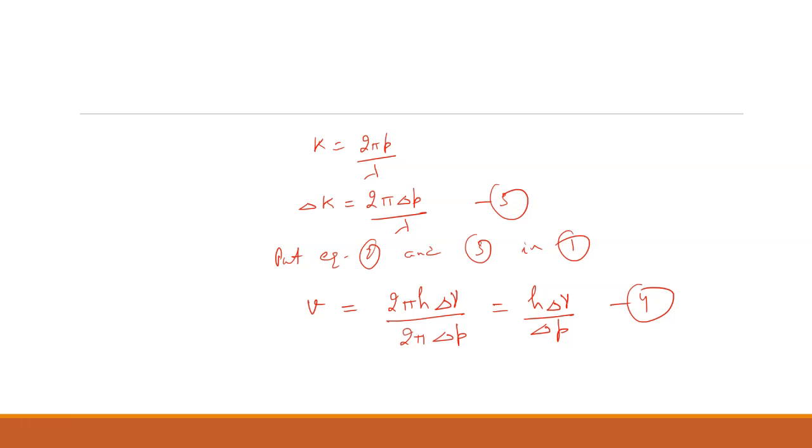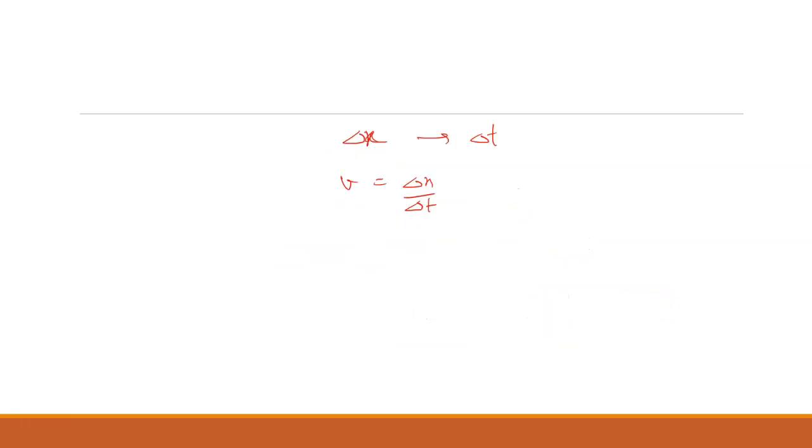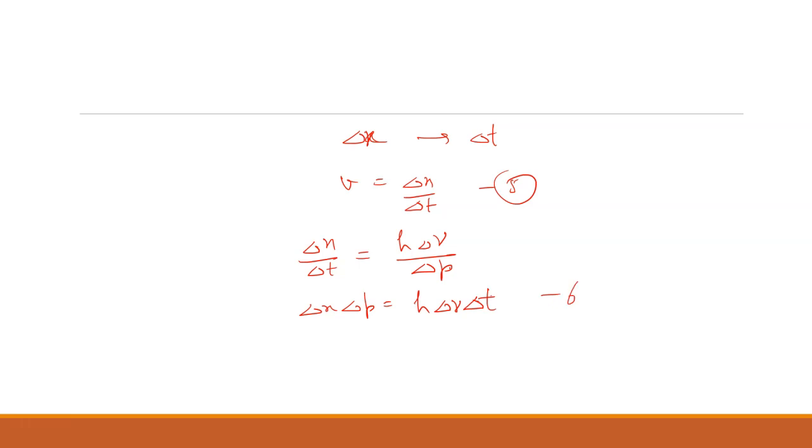Compare equations 4 and 5. We will get delta x by delta t equals h delta nu by delta p, or delta x delta p equals h delta nu delta t. Equation number 6.